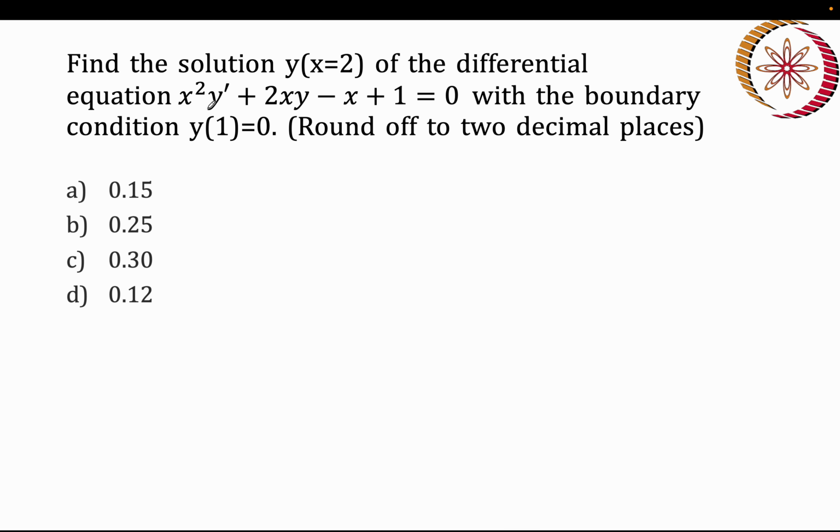First we'll write this equation in our regular form, and then we'll try to solve it. The initial condition is given: at x equal to 1 the value of y is given, so we can determine the y value at x equal to 2. It is a first order differential equation, so one condition is enough to solve it.